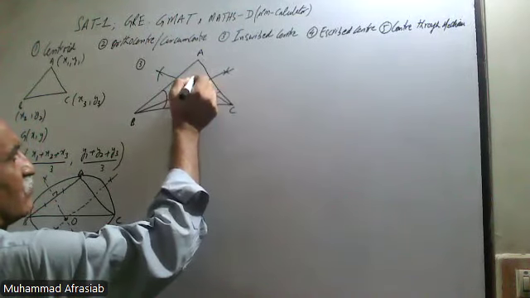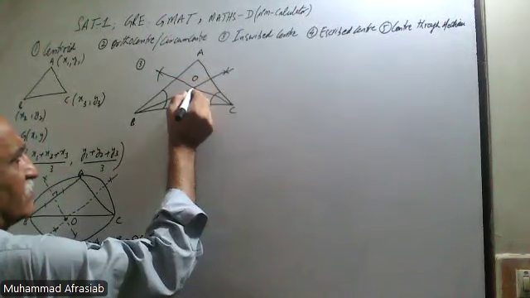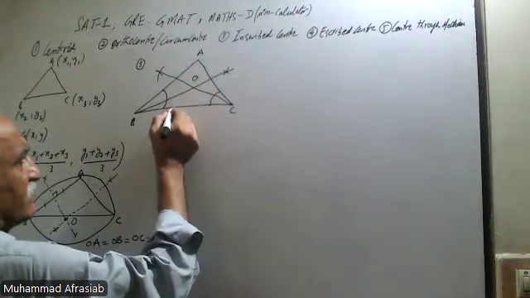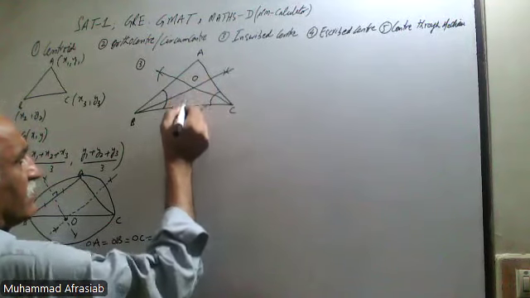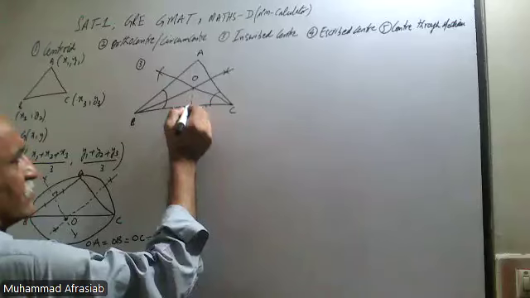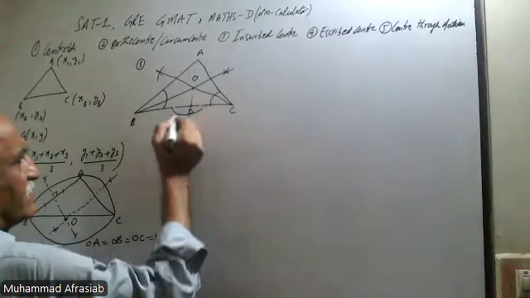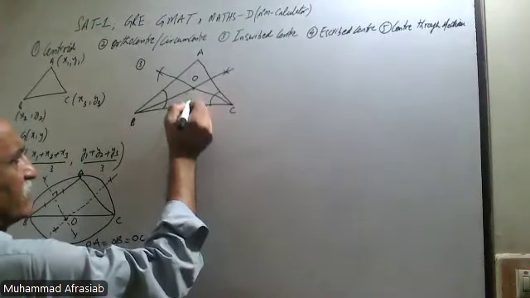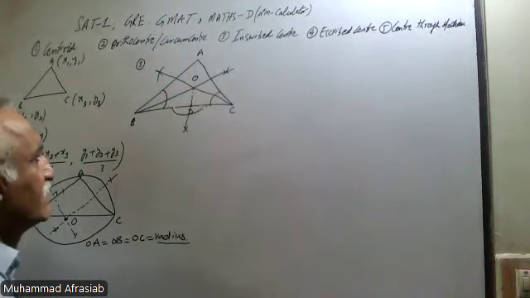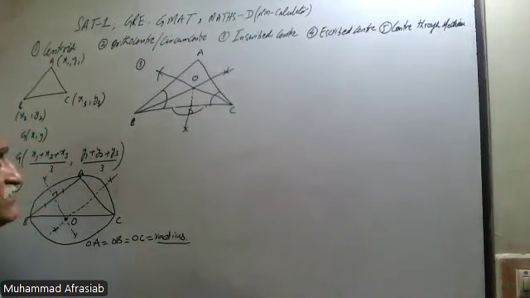Let's say this O is the center. Then draw a perpendicular from O to the line BC. And this is a line drawn through this. So this is the point, let's say it is D. So O is the center and O to D is the radius of this circle.